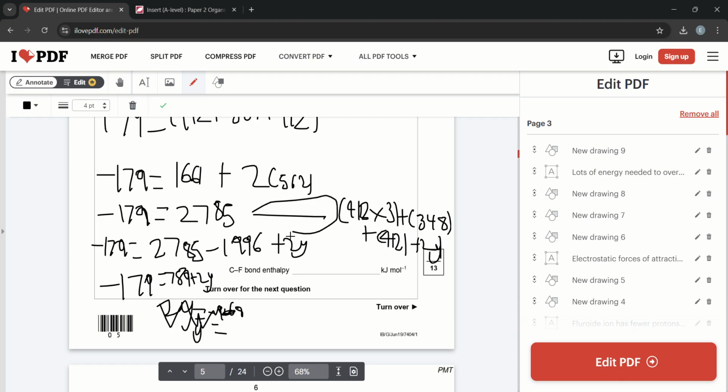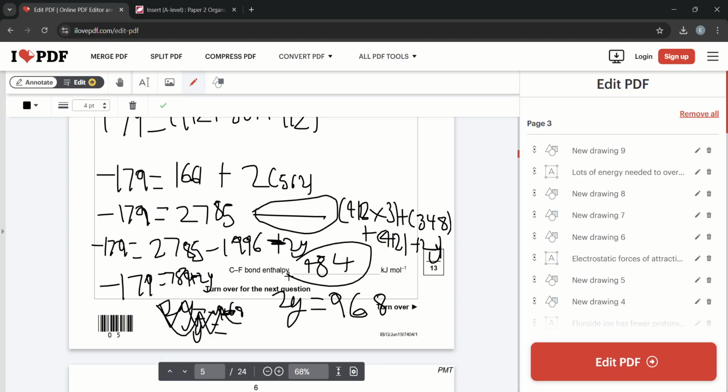Oh, because of this minus, this is not going to be plus 2y, it's going to be minus 2y. So then we get that minus 2y. Therefore we get 2y equals 789 plus 179, which is 968. And therefore we get 968 divided by 2, 484 is the C-F bond enthalpy.